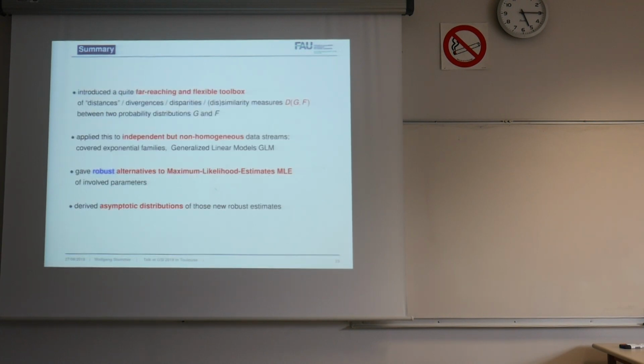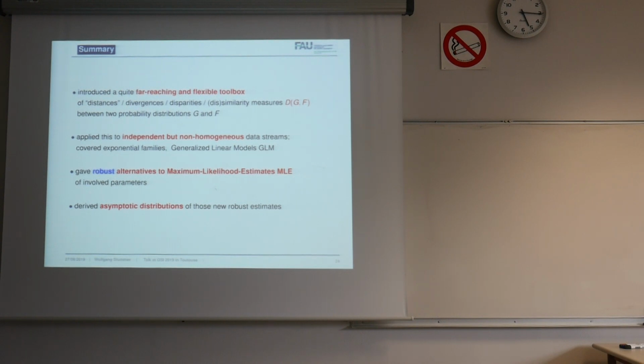So let me recall. I introduced a far-reaching and flexible toolbox for measuring distances between probability distributions. We applied it to independent but non-homogeneous data, and I gave you some robust alternatives to the maximum likelihood method. I did not talk about the robustness, but it will appear in the next talk.